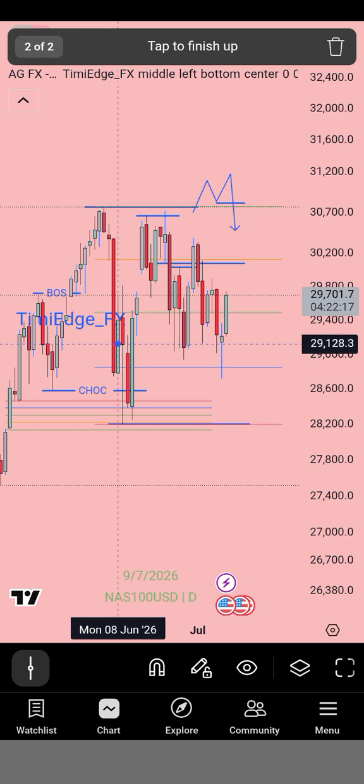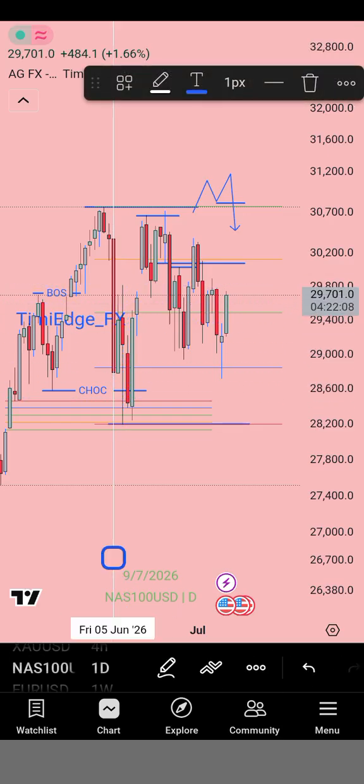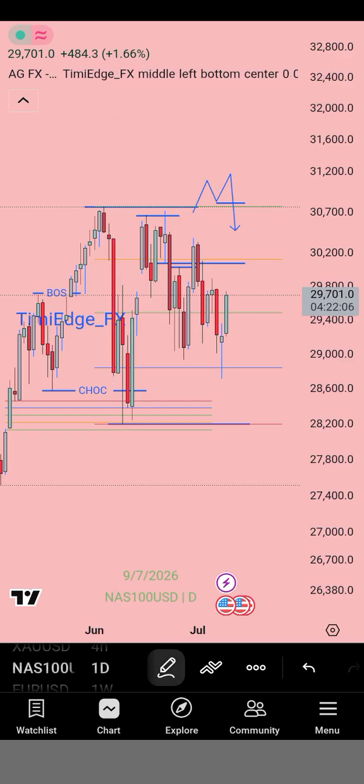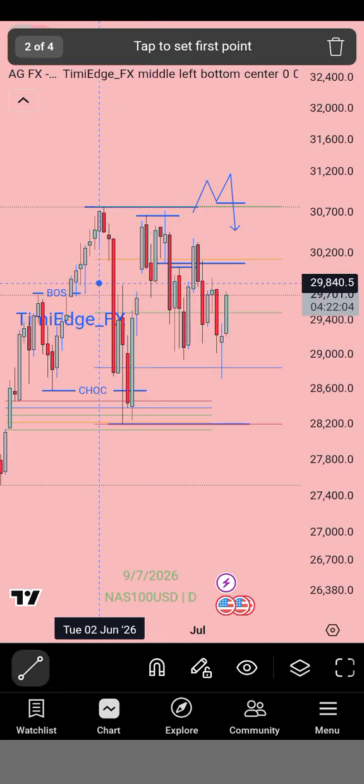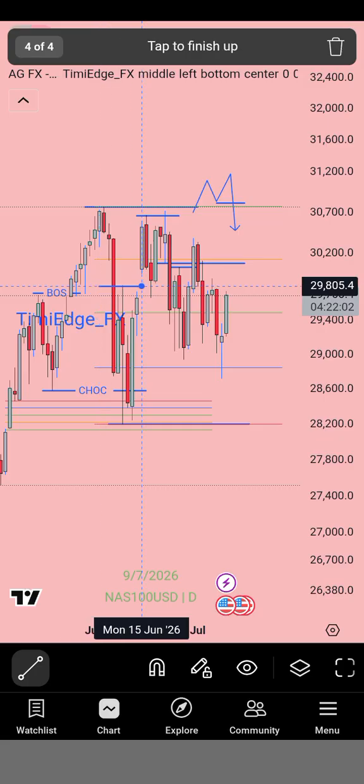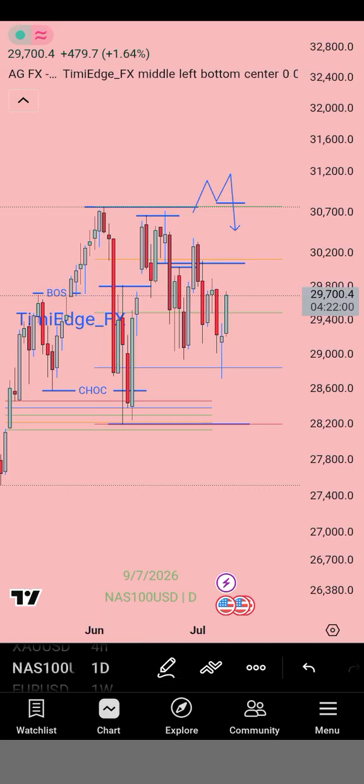Price had already formed a likely pullback here, then came back lower, right? Inside it, price has already created an inducement there, right? So this was the inducement, right?